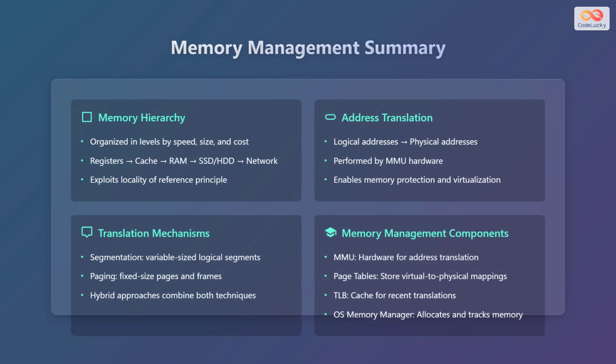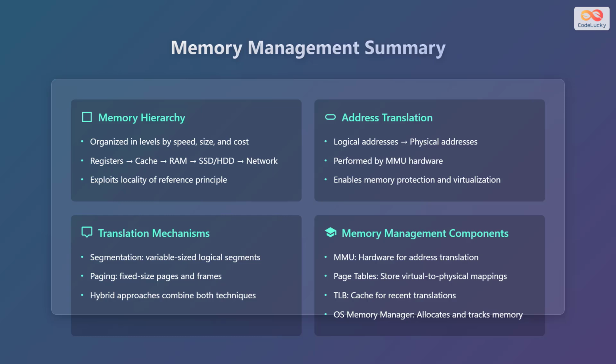Let's summarize the key concepts of memory management. We discussed the memory hierarchy, organized in levels by speed, size, and cost, including registers, cache, RAM, SSD or HDD, and network storage, which exploits the principle of locality of reference. We explored address translation, where logical addresses are translated into physical addresses by the Memory Management Unit, enabling memory protection and virtualization.